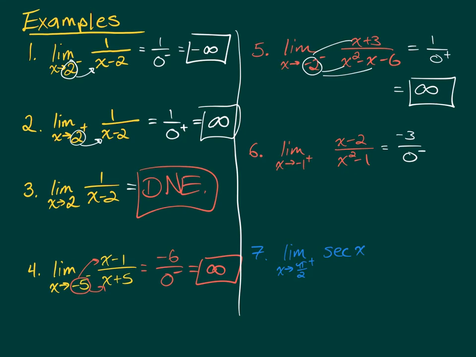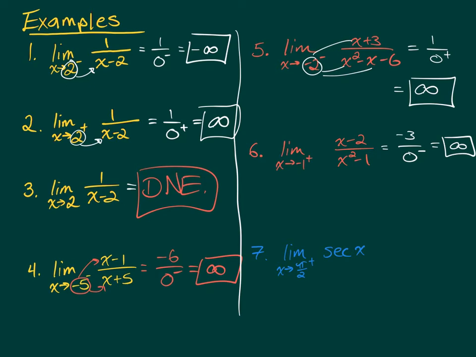And you know that if you are coming at 0 from the left, that is negative infinity. But a negative infinity under a negative 3 turns it into a positive infinity, because a negative divided by a negative is in fact positive.